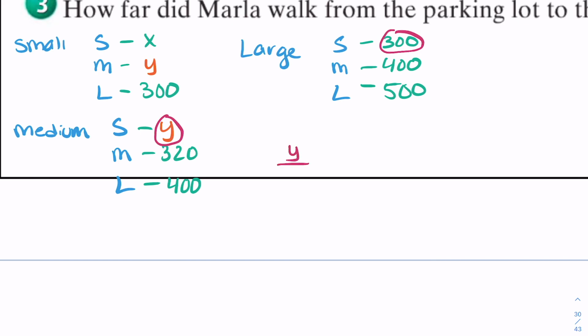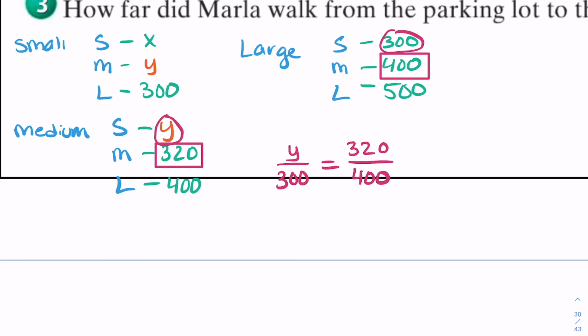So y is to 300 as, let's just do 400 is to 500. We could do, no, let's do 320 is to 400. All right, 320 is to 400.